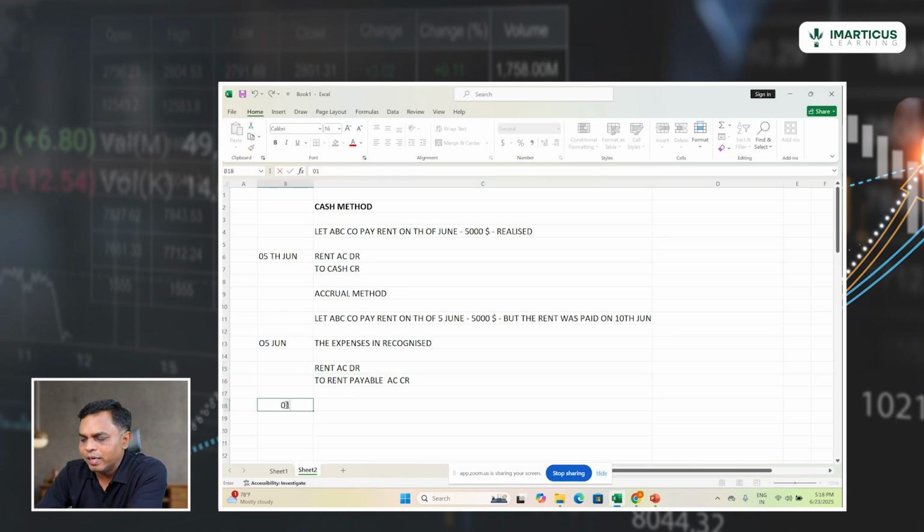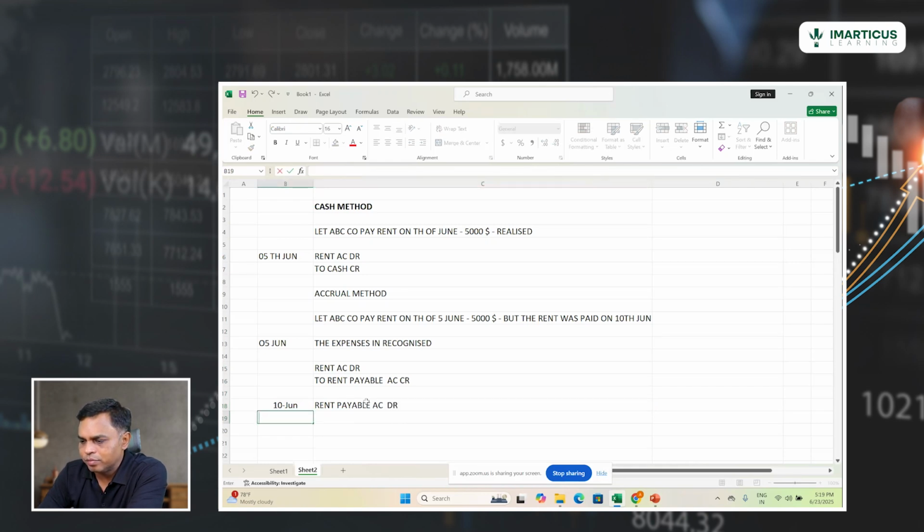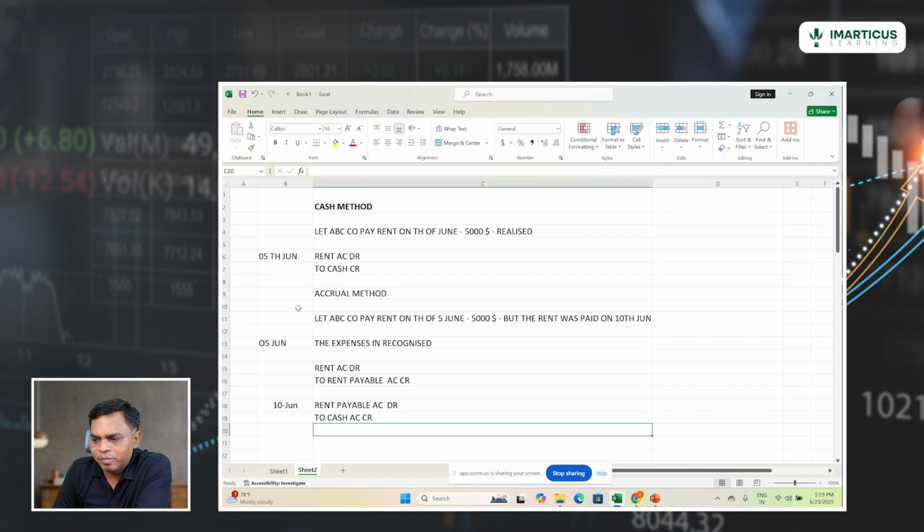And on the 10th of June, when the actual expenditure gets incurred, the entry they will pass is rent payable account debit to cash account credit. So under the accrual method, two entries are captured.